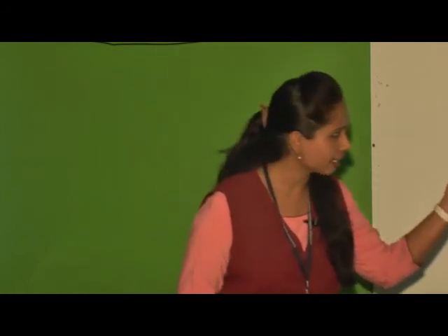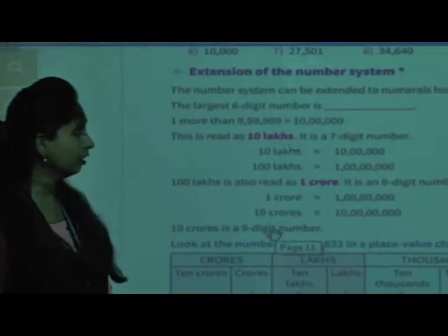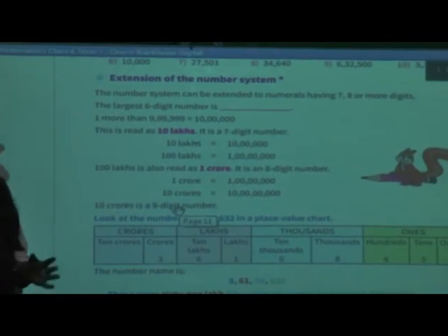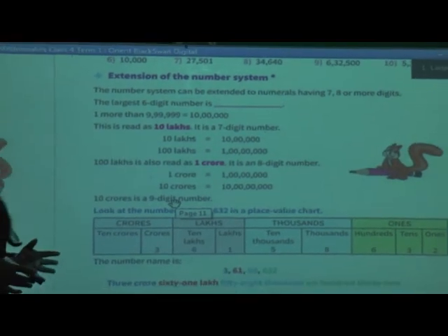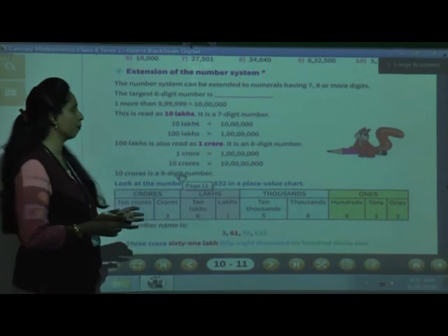Okay. Today we will start one new concept, that is the extension of the number system. Shall we start? Open your book, page number 11. Just keep it in front of you. Nobody is going to write anything. Try to understand the concept properly.